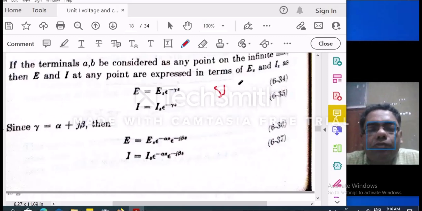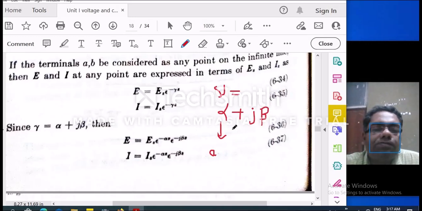It is a complex quantity. That means it will have a real part, denoted by alpha, plus j times the imaginary part, denoted by beta. Now alpha is the attenuation constant per unit length.